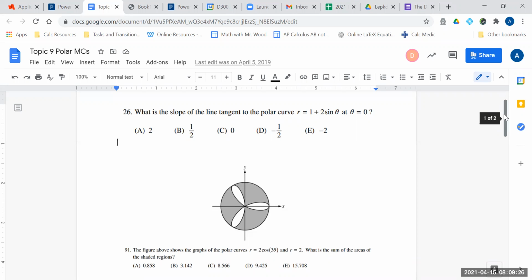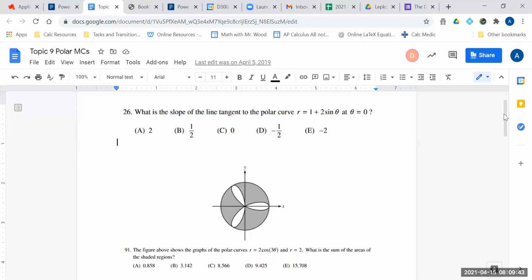In order to find the slope, and this is where polar, parametrics and vectors make sense together, we need dy/dx. To get dy/dx in the polar sense, I need dy/dθ and I need dx/dθ.